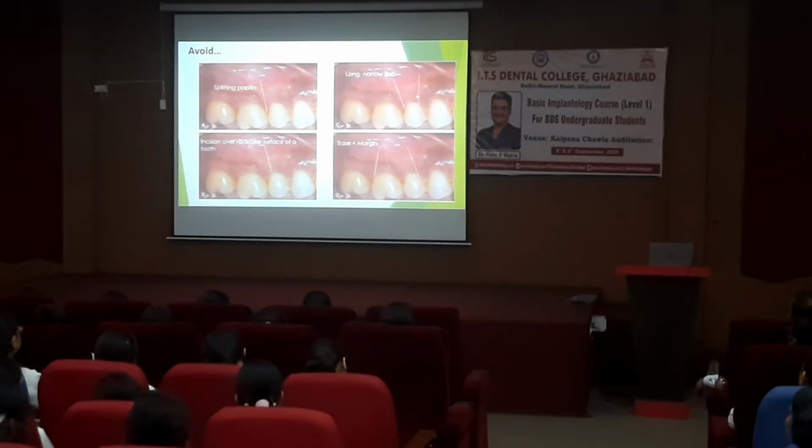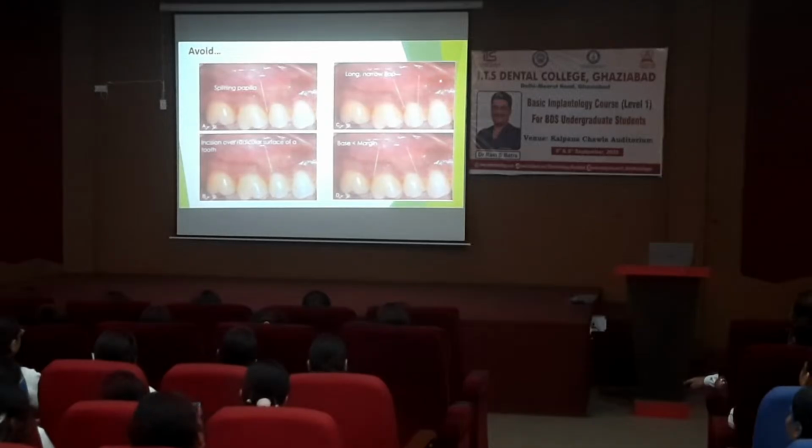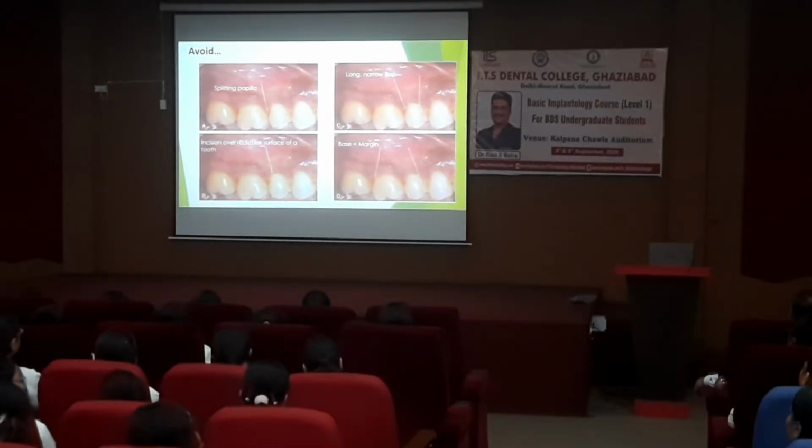This is avoiding the eminence of the root, isn't it? But then it is very narrow and long. So you have to avoid this also. So it will come something like this and this, rather than such a narrow incision. It can't be on root prominence and your base can't be smaller than your margin. Your base has to be broader.